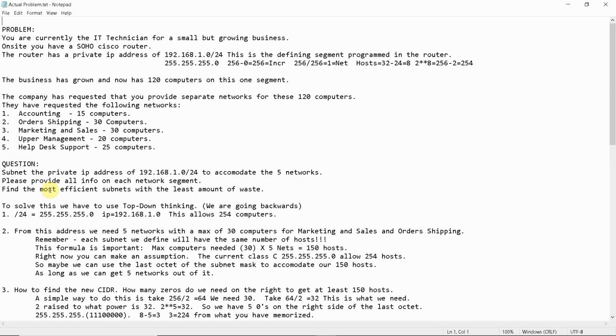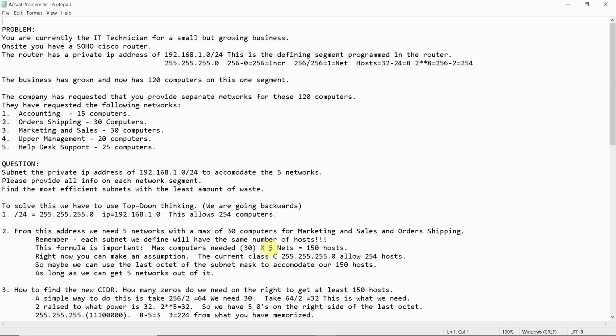So what we do to solve this, we're kind of going backwards here. We've got the /24, which allows 254. From this address, we need 5 networks with a max of 30 computers for marketing and sales and order shipping. The other ones will also be 30, okay? They have the same number of hosts. This formula is important: the max computers needed is 30 times 5 nets.